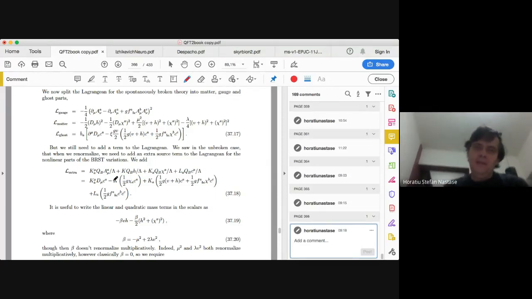And the BRST variation, remember, for the classical fields is just the classical variation, where I basically remove the variation parameter and replace it with c.